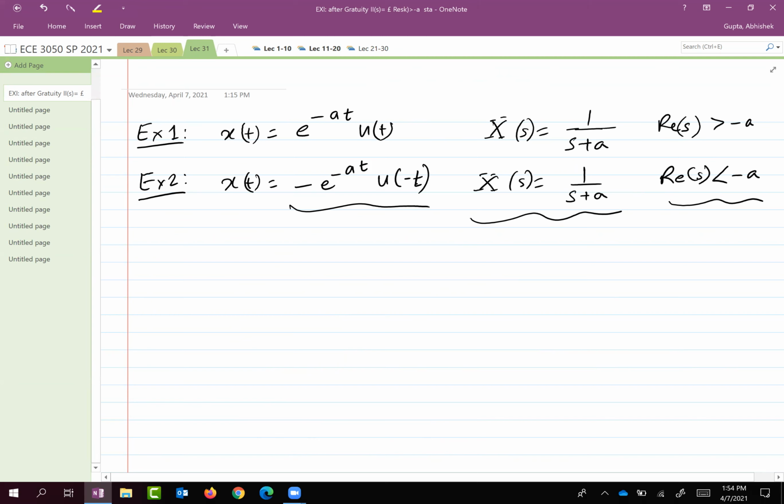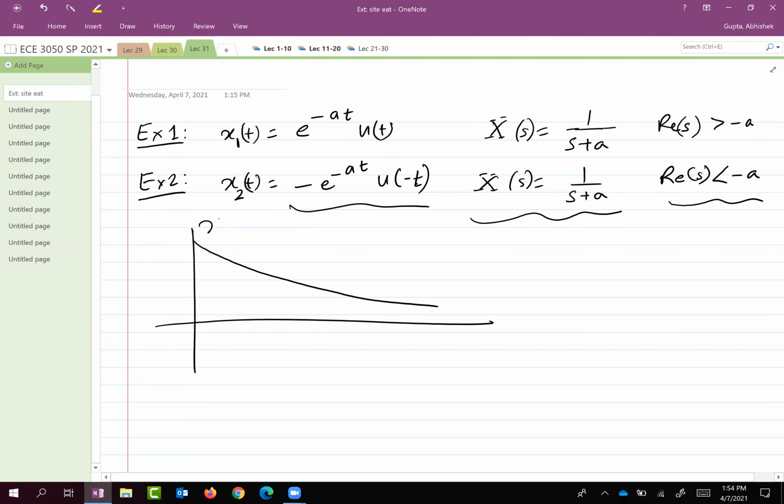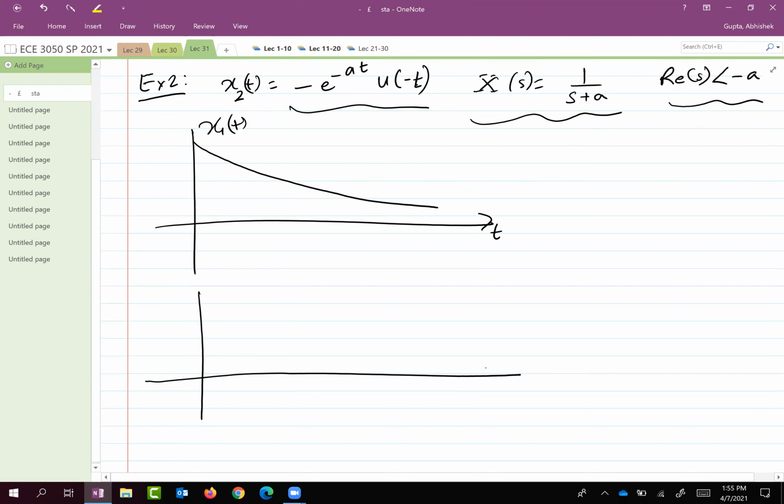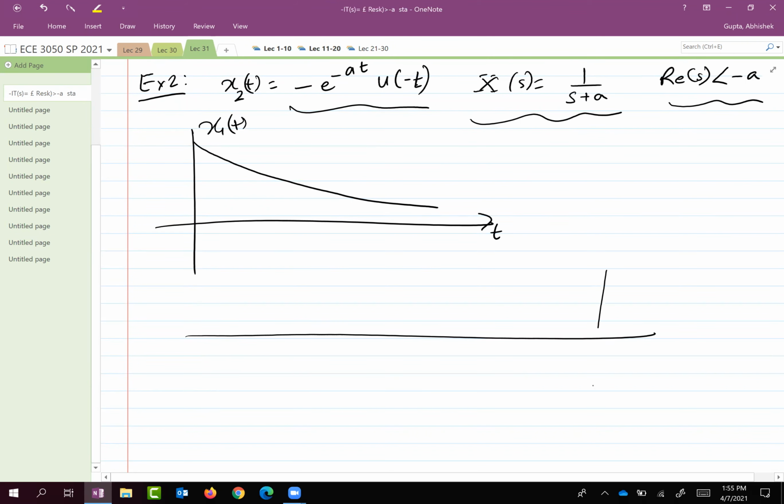So the first signal, let me say x1t and x2t. So the first signal looks like this, whereas the second signal looks something like this.